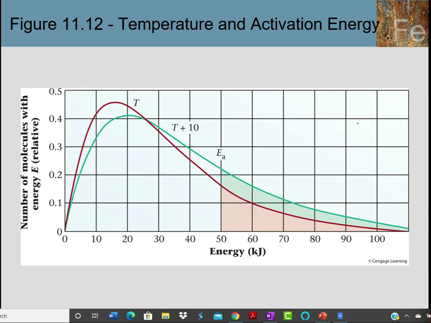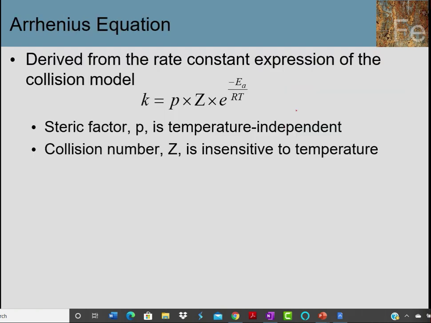When you increase the temperature by a little bit, that green section is the additional number of molecules that have greater energy than the activation energy. So as you increase the temperature, you're going to have a higher fraction of the molecules that have enough energy to surpass the activation energy.